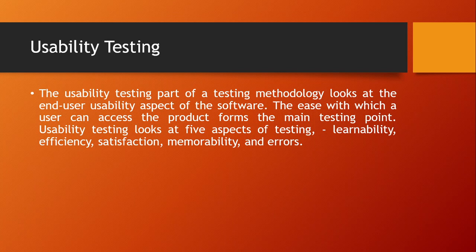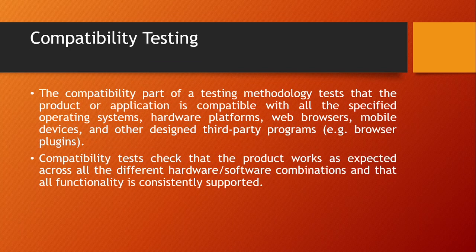Okay, so usability testing just looks at when the user is making use of the system. All right, will the user probably come across any errors? Will the user be satisfied or not? And so on. Okay, is it very easy? Is it user friendly or not? And so on.